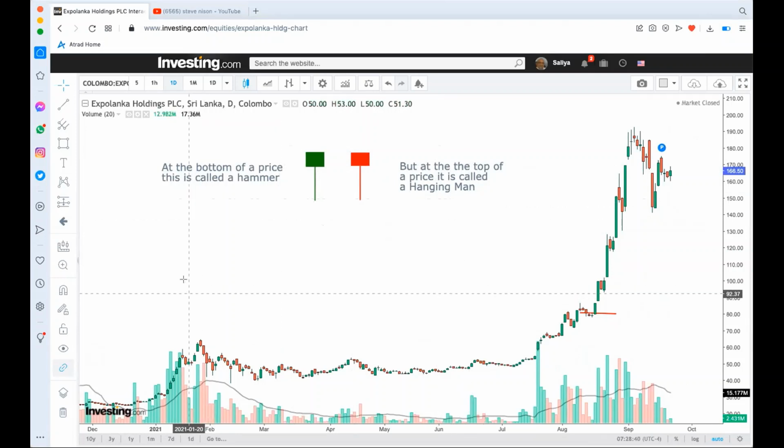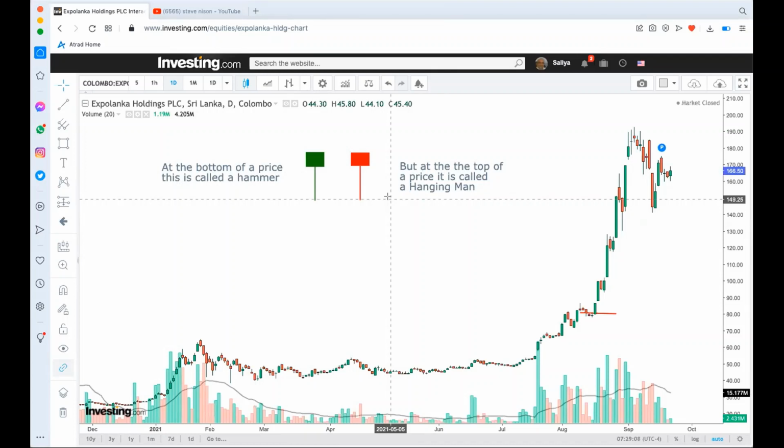Then you have another, they are not called the umbrella candles, but you have the same kind of formation. Now in this, you can see that you have a small body. Sometimes the body could be much smaller than this, right? But most of the time, you don't see an upper shadow. That's why it is known as an umbrella candle.